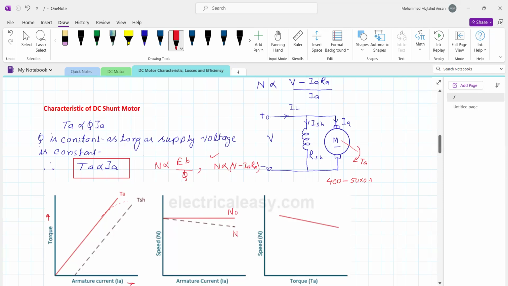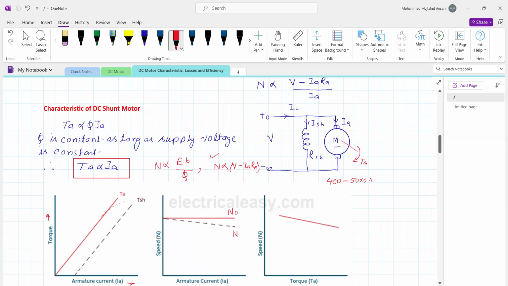Nowadays, the DC shunt motor or permanent magnet DC motor is widely used in many applications. One reason is that DC motor speed can be controlled very easily as compared to the three-phase induction motor.